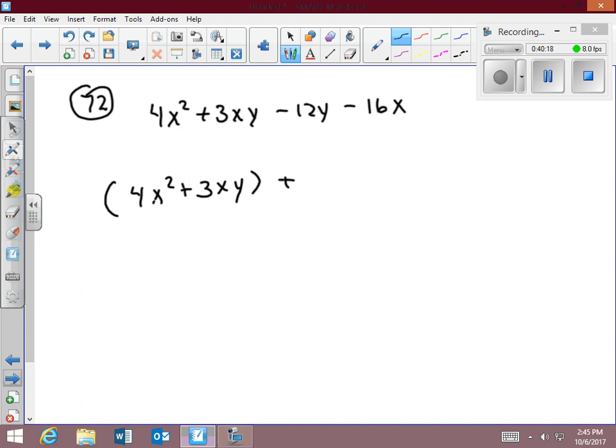Then do a plus, put my signed terms inside. Look at my first group and what's in common there. Just an x, right? So I have 4x plus 3y.